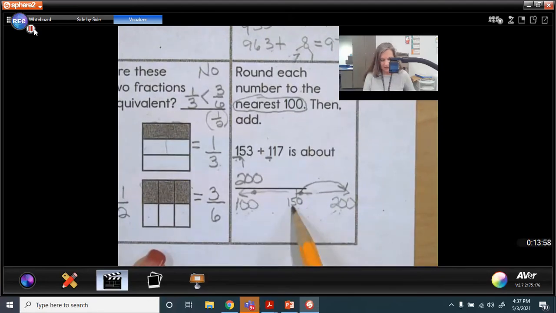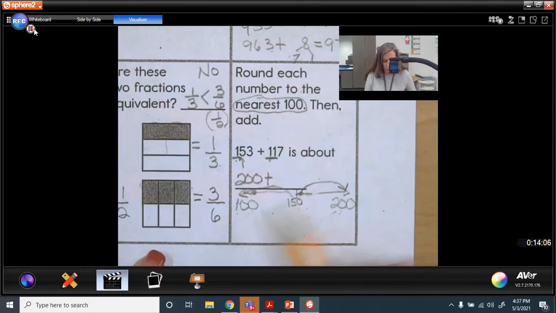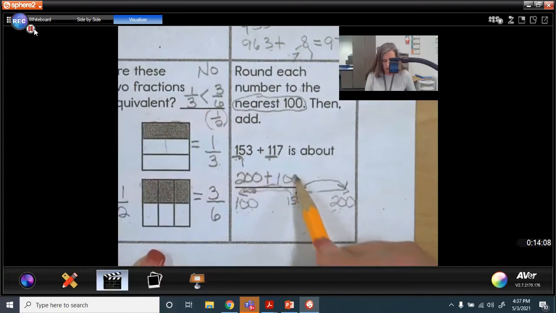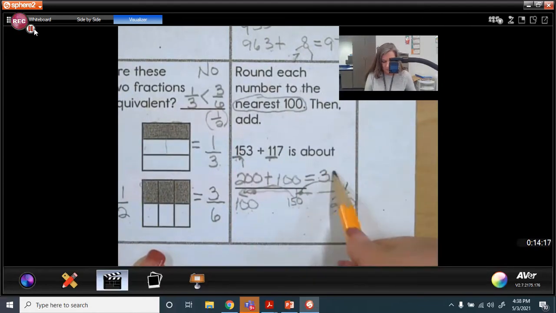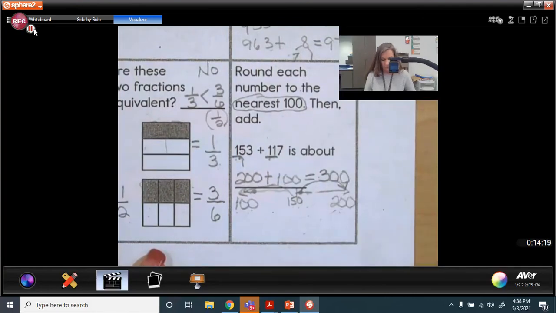And anything that's less than 50 in the tens place tells us that we are going to round down. So we're going to round to 100, but not up to 200. So now when I take the 200 and add it to the 100, this is going to be about 300.